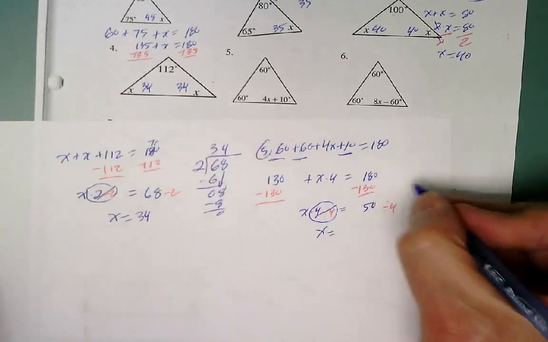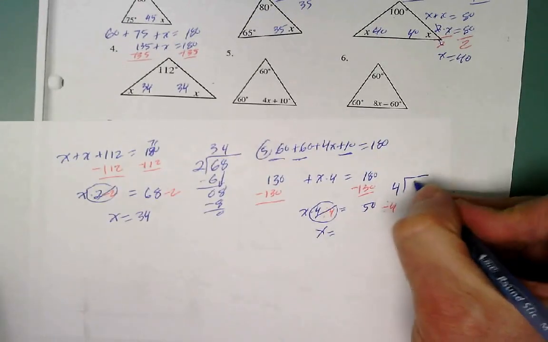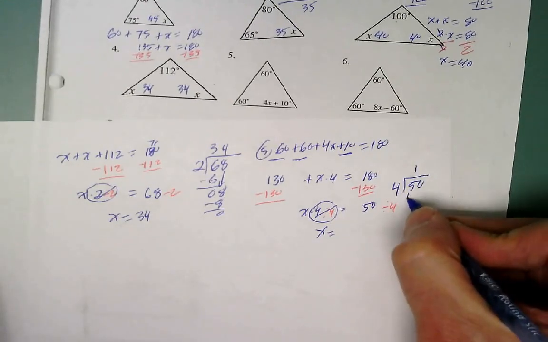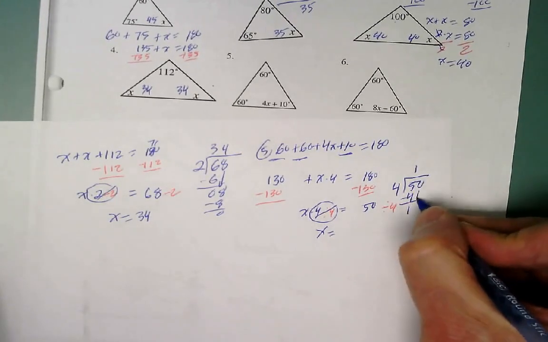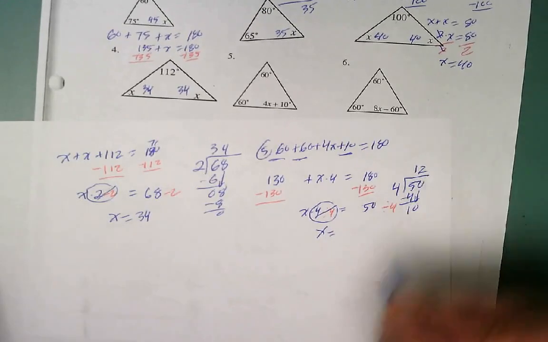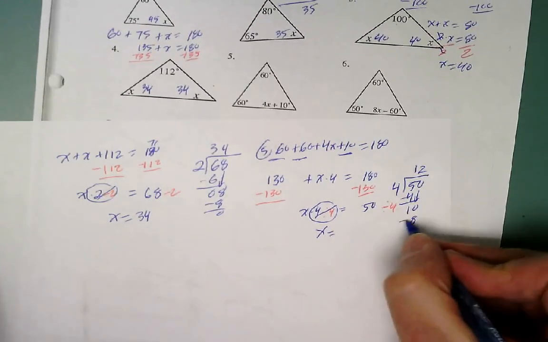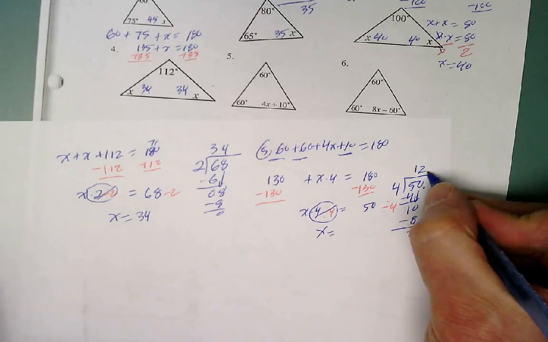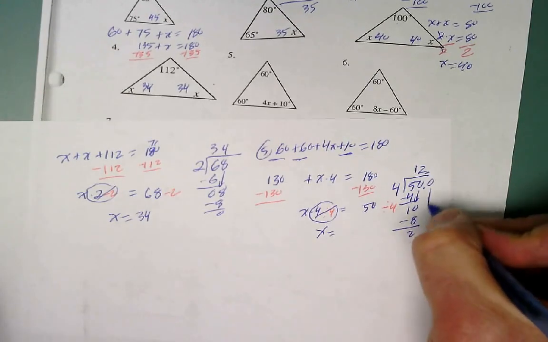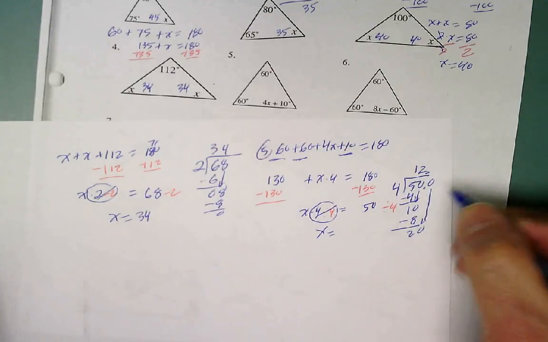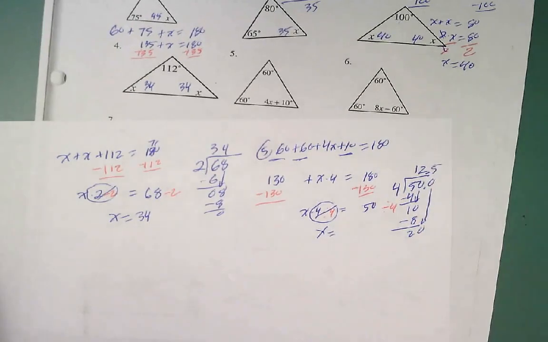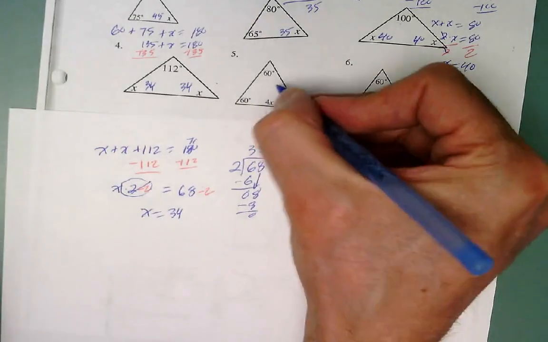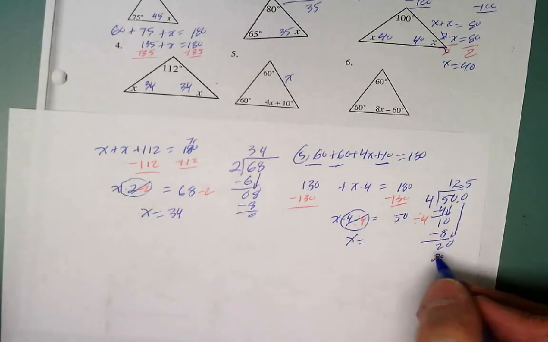Let's figure it out. 4 goes into 5 one time. 1 times 4. 4 goes into 10 two times. 2 times 4. I got a remainder. So I'm going to add a decimal, bring it up, add a 0, bring it down, and 4 goes into 20 5 times. So my answer here is x equals 12.5.